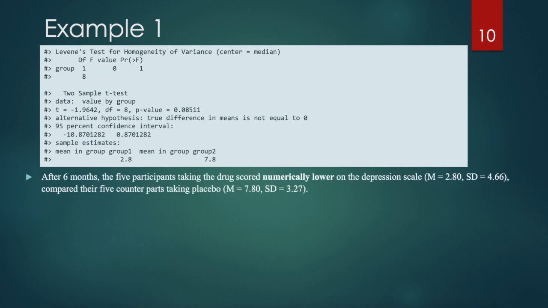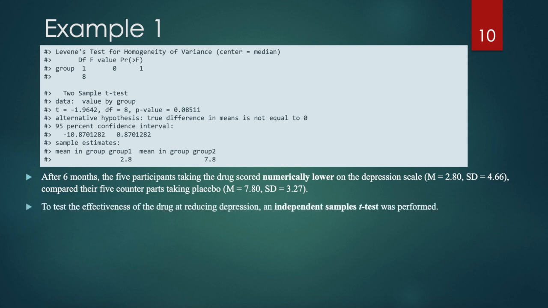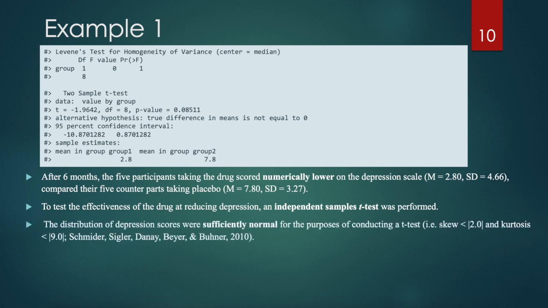So using this output, we have after 6 months, the 5 participants taking the drug scored numerically lower on the depression scale compared to their 5 counterparts taking the placebo. To test the effectiveness of the drug at reducing depression, an independent samples t-test was performed. The distribution of depression scores were sufficiently normal for the purposes of conducting a t-test.